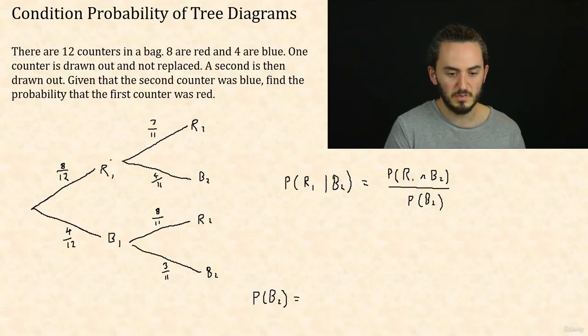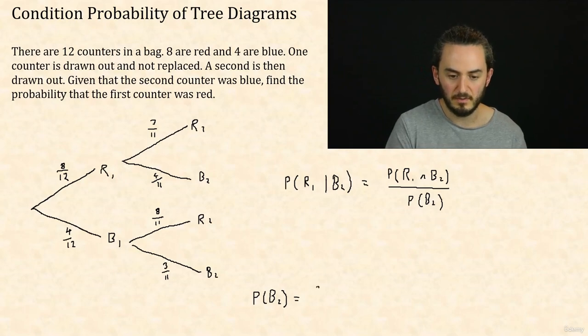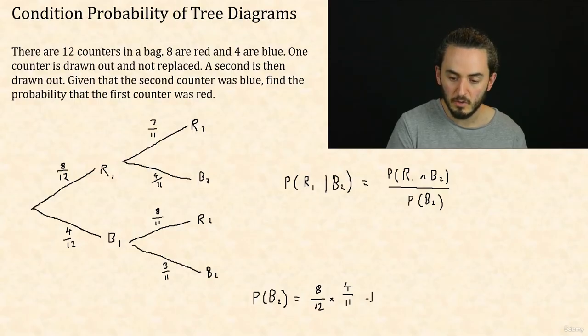Either the first one was red and the second one was blue, or the first one was blue and the second one was blue.